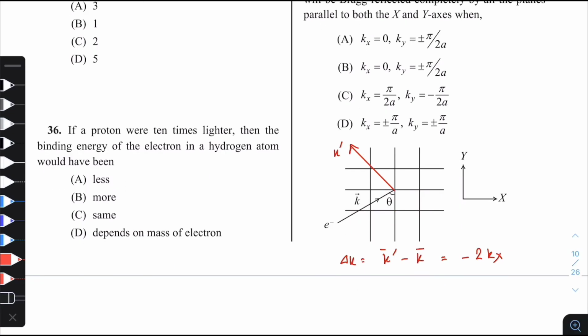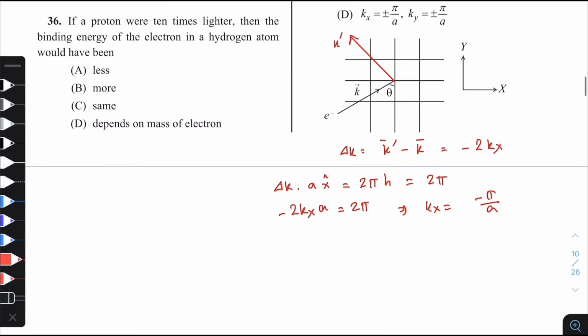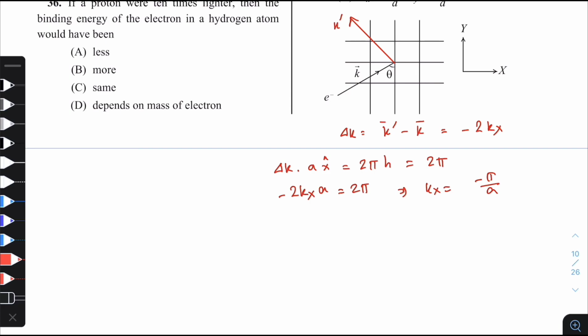Now using Laue's equation, delta k dot a times x is equal to 2 pi h, and we can take the Miller index h is equal to 1. So we have minus 2 kx a is equal to 2 pi. So we have kx is equal to minus pi by a. Similarly, when the wave vector is reflected from the x-axis in this way, this is now k prime.